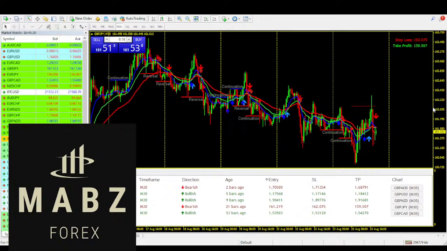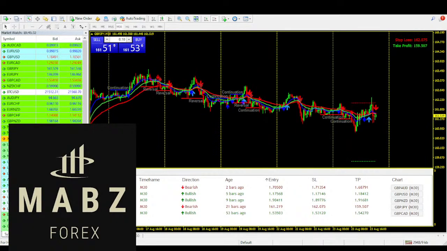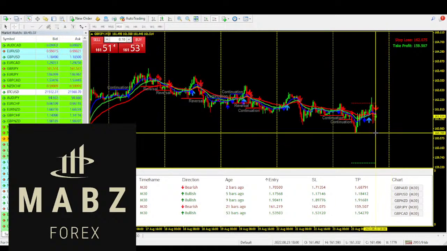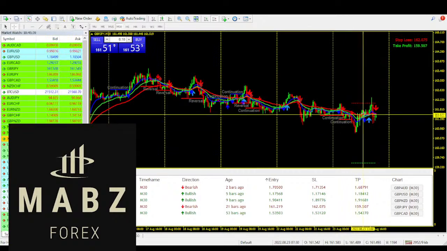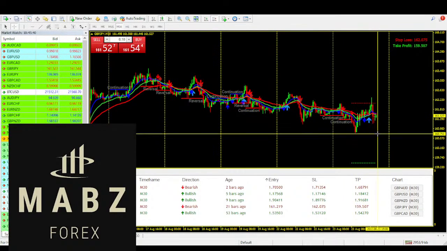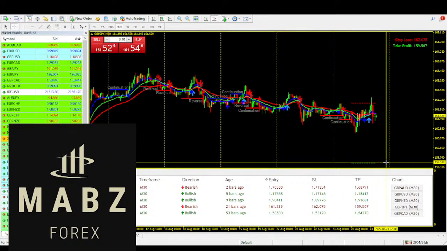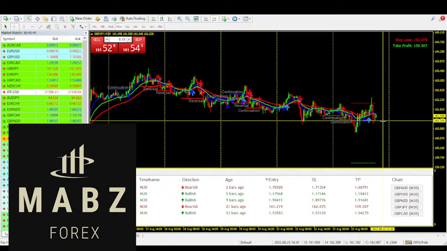Let's look at the GJ. I don't really have a proper signal for you right now, but I would sell if the market comes down to this level right here. If it breaks this low over here, we can take this TP and use that stop loss, but only if the market drops.